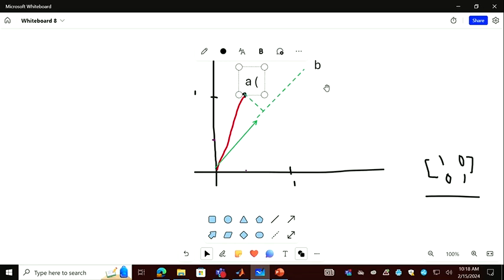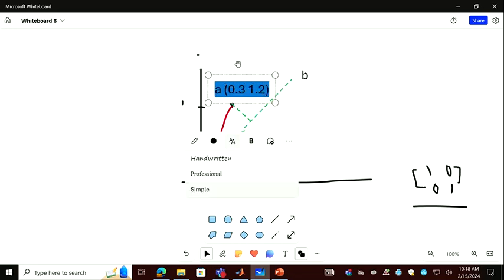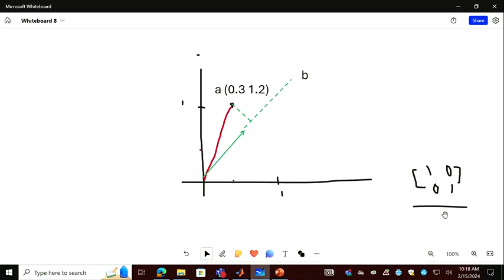So A was 0.3, 1.2, I believe. That was A's original. It depends on this 1, 0, 0, 1 coordinate system, but now we need to know the length of this part, okay?